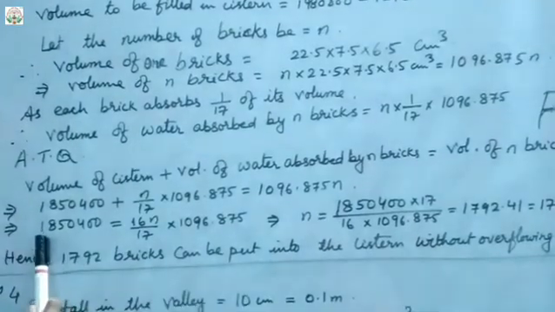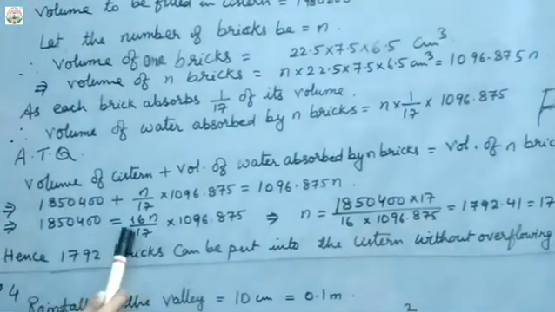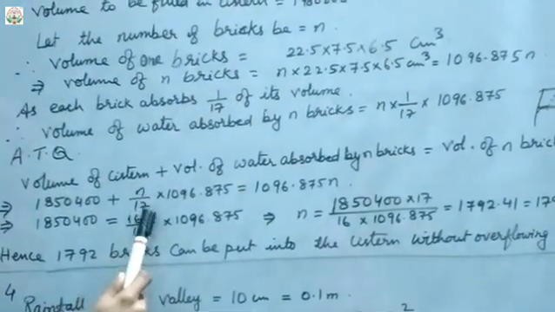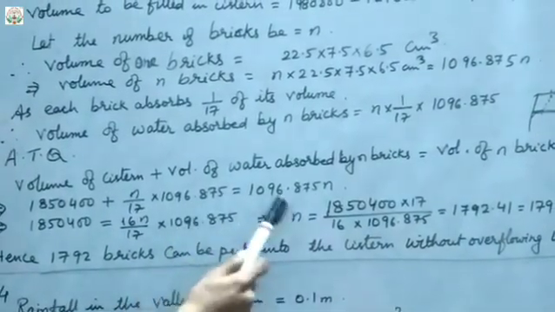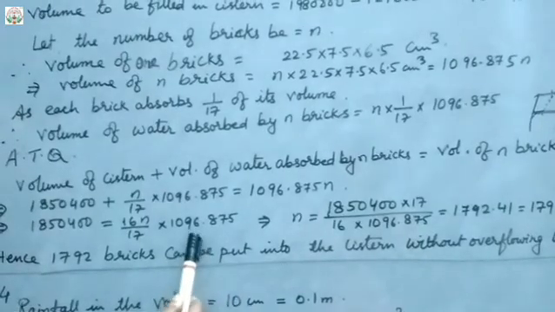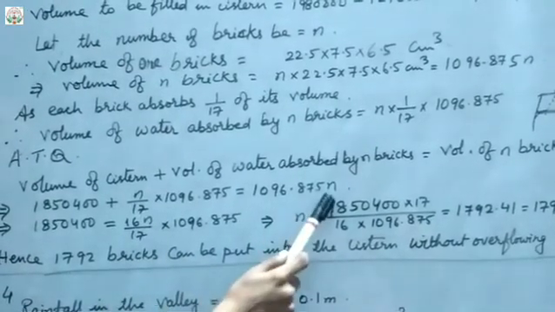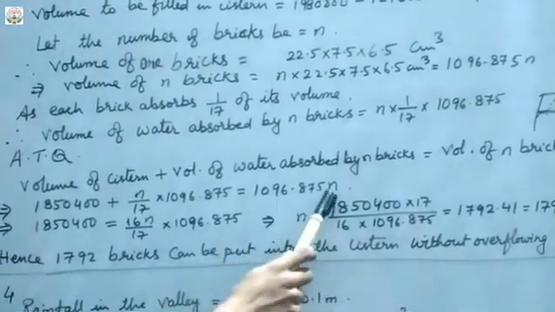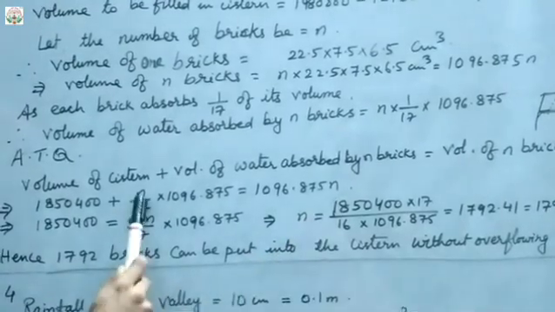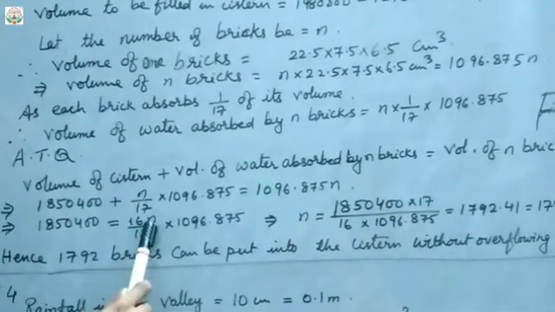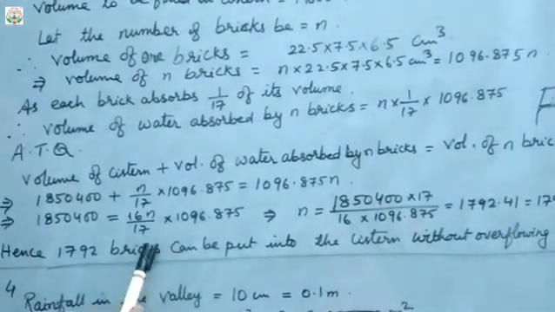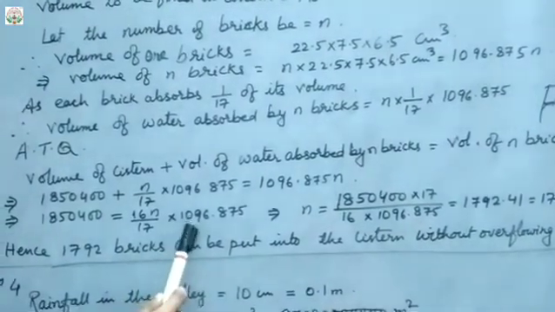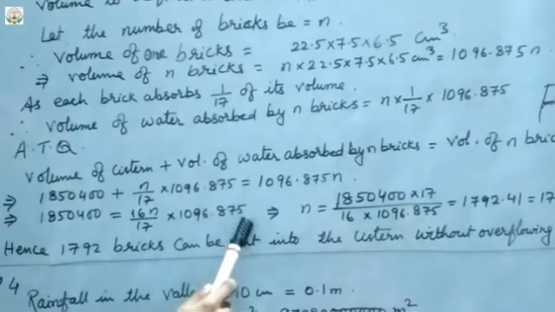So it will be 18,50,400 equals, now this is 1 upon 17, here 1. I am telling the n value, okay. The other values are the same, so that can be taken as common. So n minus 1 upon 17, or n upon 17. When you simplify, you will get 16 n upon 17 into 1096.875.